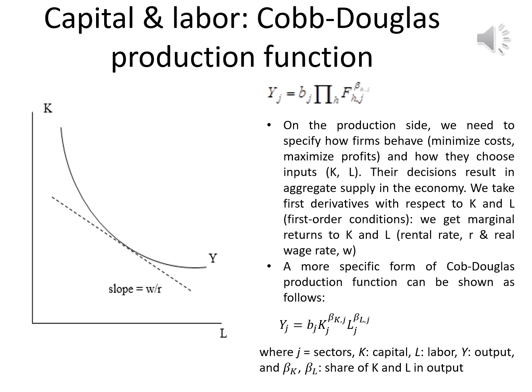When we take derivatives of this production function Y_j with respect to capital and with respect to labor, we call them the marginal product of capital and marginal product of labor. Take the first derivative with respect to K, you get the marginal product of capital.